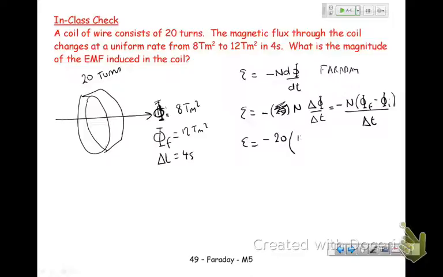So that is going to be 12 minus 8 over 4, which equals minus 20 times 4 over 4. E is equal to minus 20. And what's the unit for EMF? Volts. Volts.